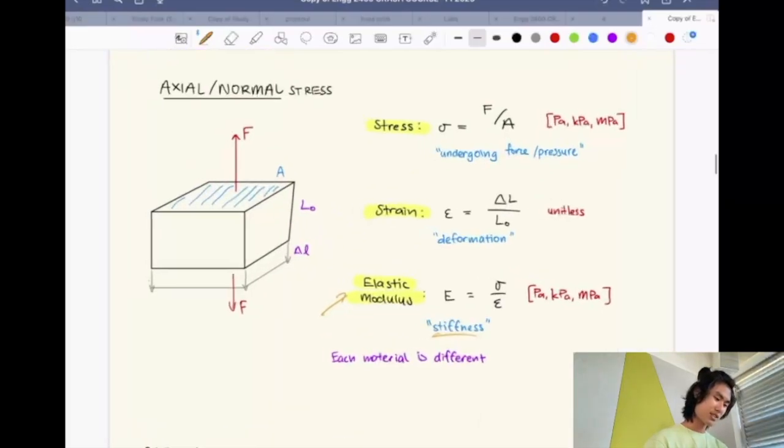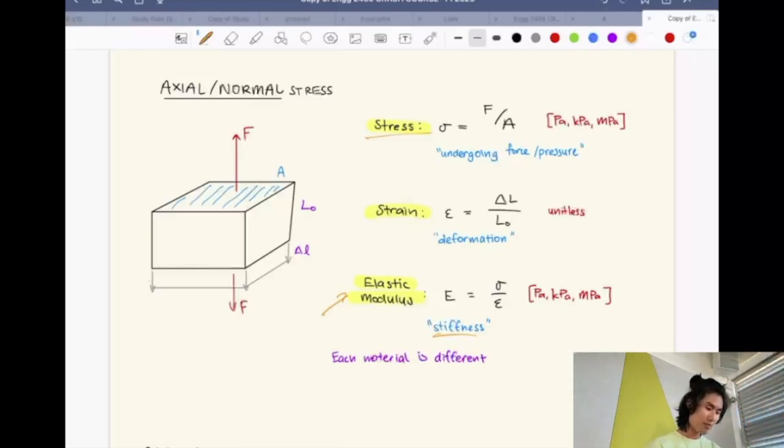And stress and strain. So stress is pretty much force over area. If you think about it, you have a force applied, and when you apply a force, it will spread across the surface, right? That's why the stress is going to be that force divided by the area that it's applied on.